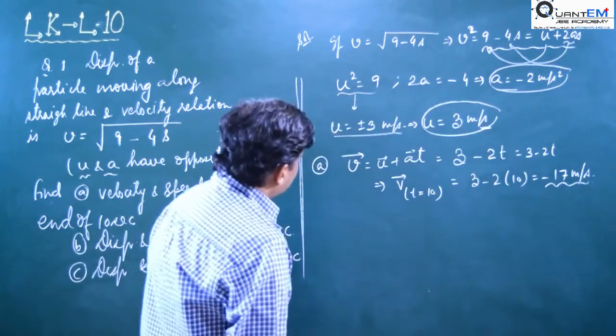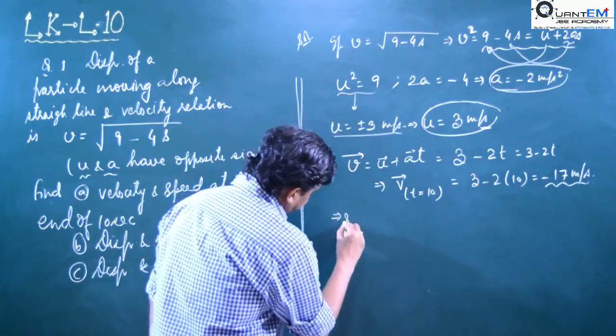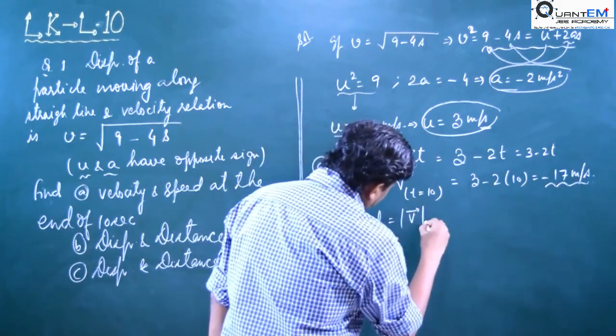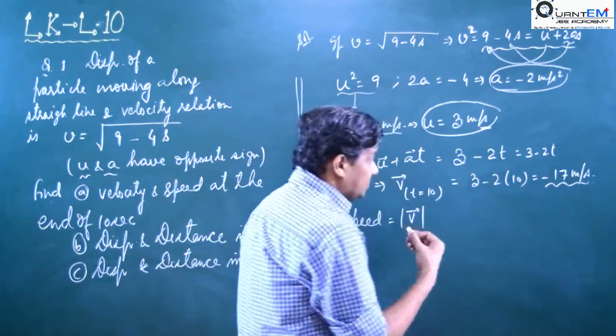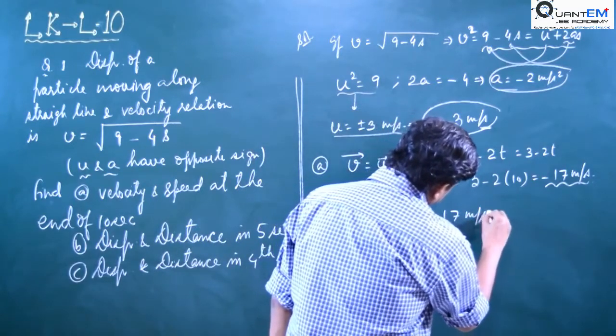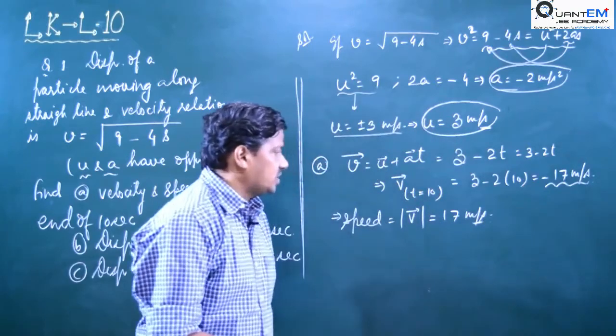Then what about speed? It is always the magnitude of velocity if the particle is moving along a straight line. The result is 17 meter per second. This one is the solution for the first part.